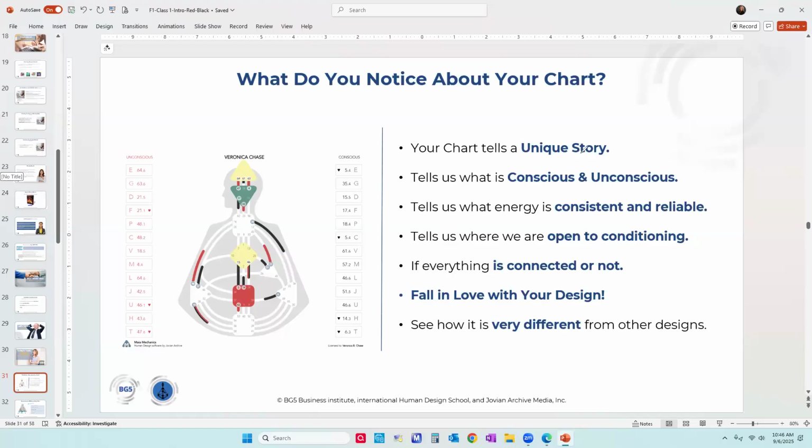And one of the things that I have been amazed at again and again is that I could absolutely, and I have, meet someone else who is a gut response builder who also has the 515, but then there are other qualities about them that are different. And the one thing I have definitely noticed is, when we say your chart is a unique story, it's absolutely a unique story.